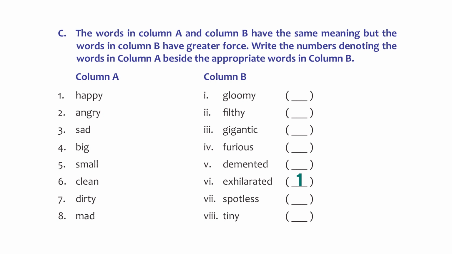Exhilarated. That's right. So, you match happy with exhilarated. Like that, there is another word called angry. What is a word that could mean very angry? It's right there in column B. It is furious. So, angry can be matched with furious. Likewise, you have to match the rest of the words in column A with the synonyms that match from column B.